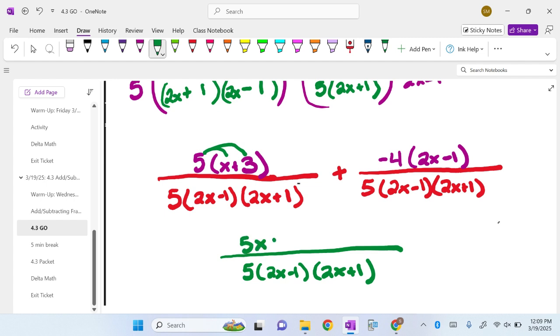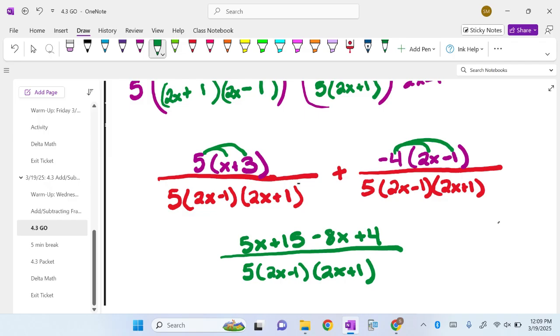So we got 5x plus 15 here. What do I get here? Minus 8x plus 4. All right, so all I did was skip the step where we wrote it as two individual fractions. I just went ahead and combined them just to save you guys some space. You can always skip that step if you want to, but if you need to see it, that's fine as well.